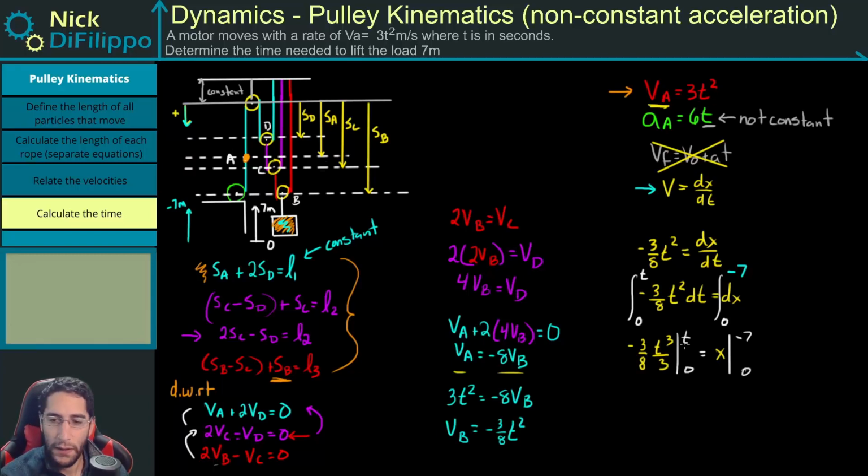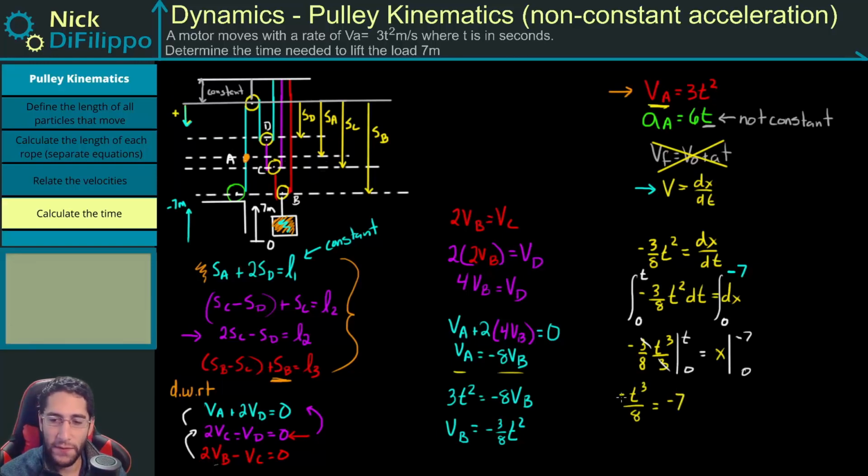These 3's will cancel right here, and we'll have minus t cubed over 8 is equal to minus 7.